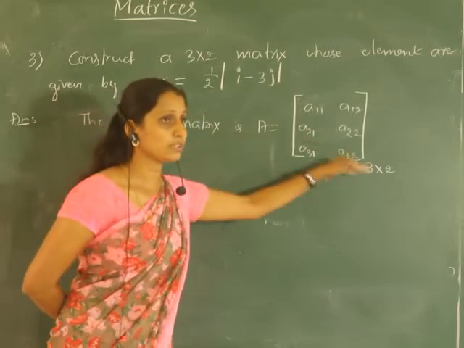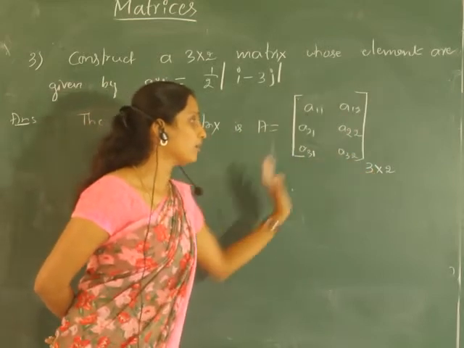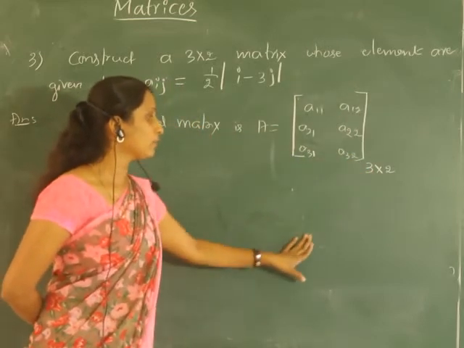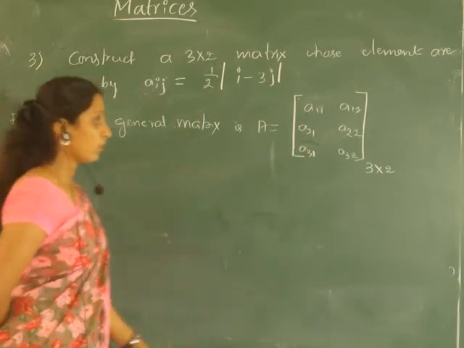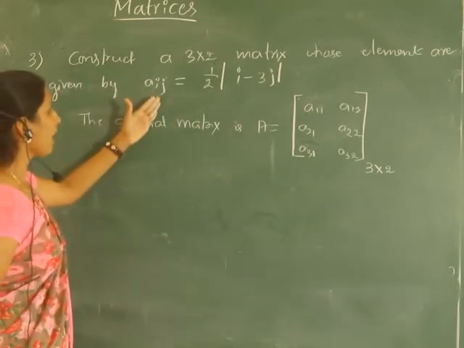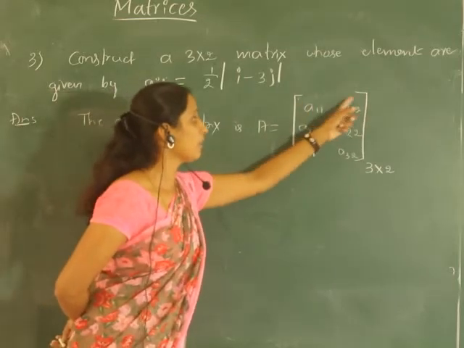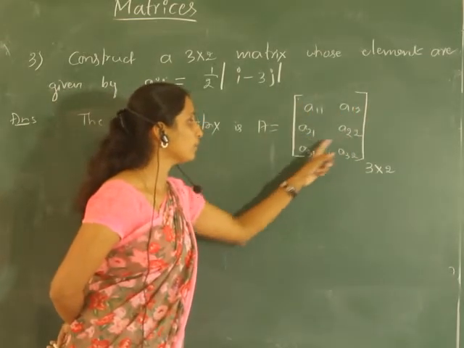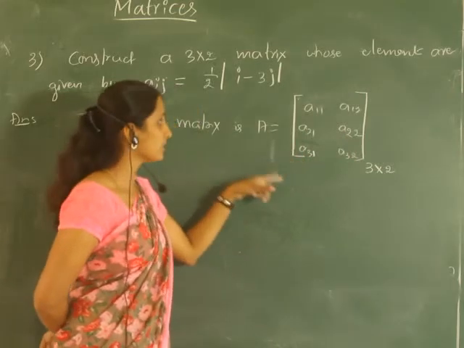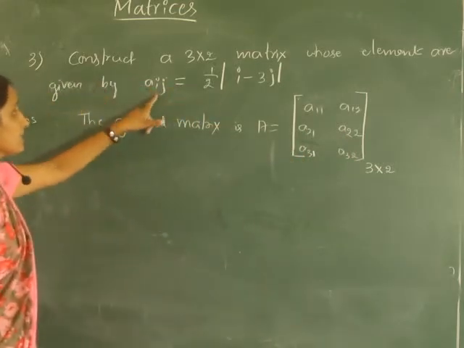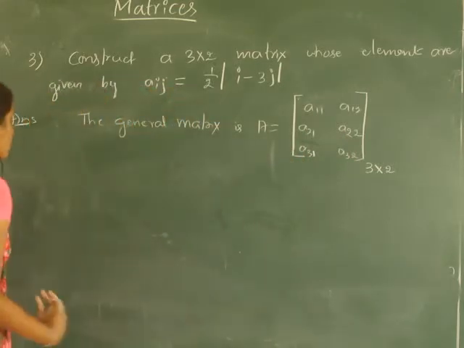Third row and second column is a32. Now we have to find out aij. We have to find out what a11, a12, a21, a22 are, calculating by considering aij.